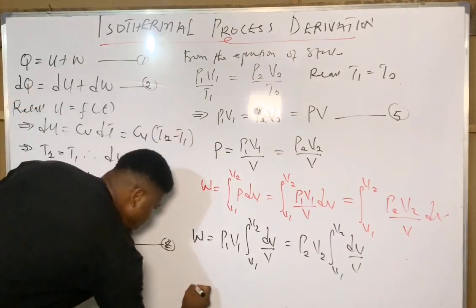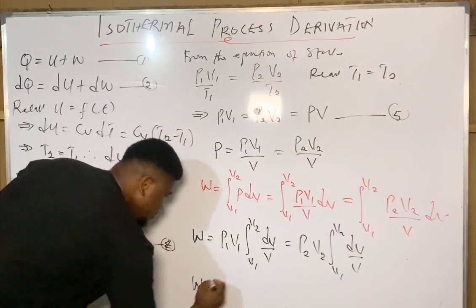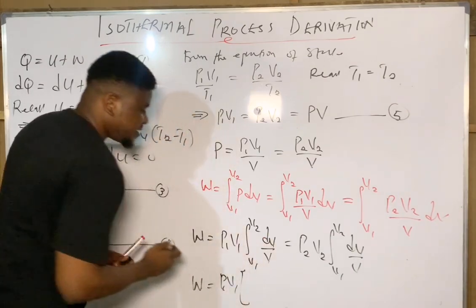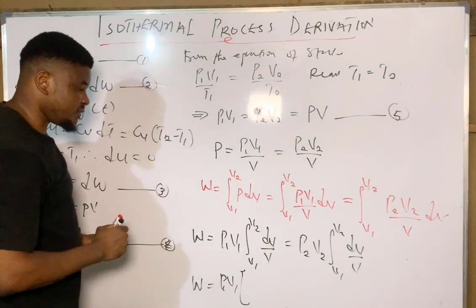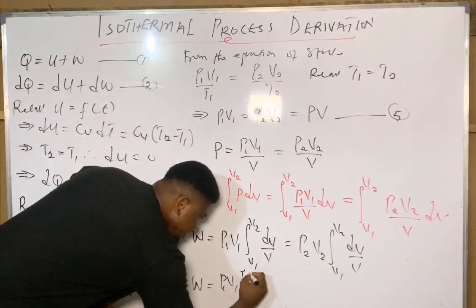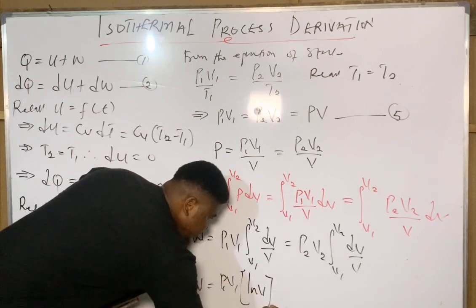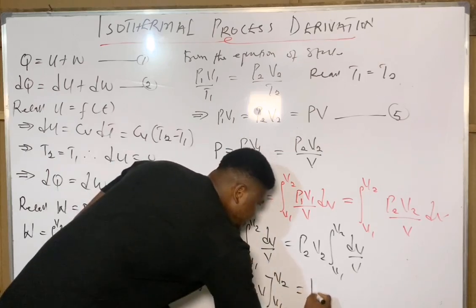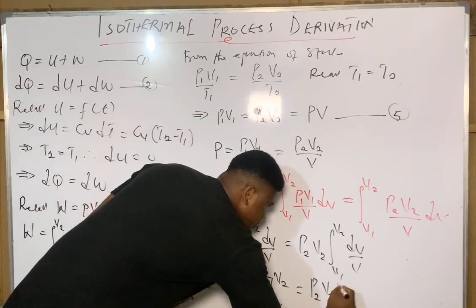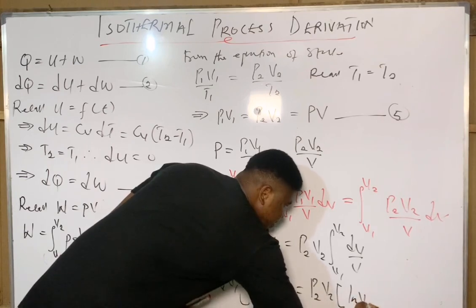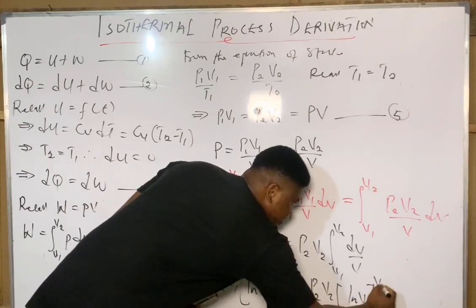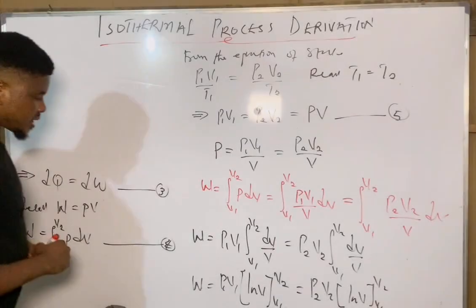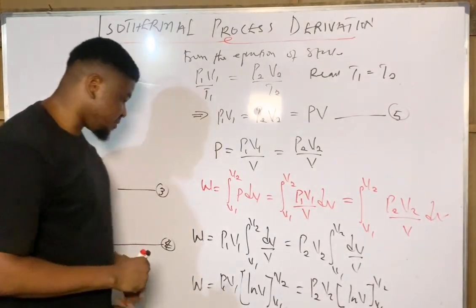So work done is now going to be equal to P1 V1. If I integrate dV over V, or simply integrate 1 over V, I'm going to have ln V from V1 to V2. Same thing here: this is now P2 V2 ln V from V1 to V2. Now let's plug in the limits of integration.